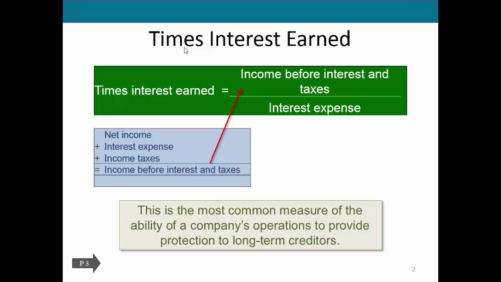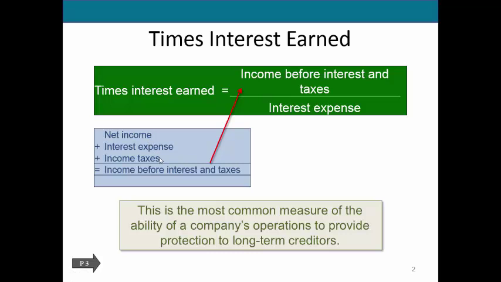So we want to look at our income before interest and taxes, because this is going to be the income that we have to use in order to pay interest. So we simply take our net income number, add back our interest expense, and add back our income taxes.